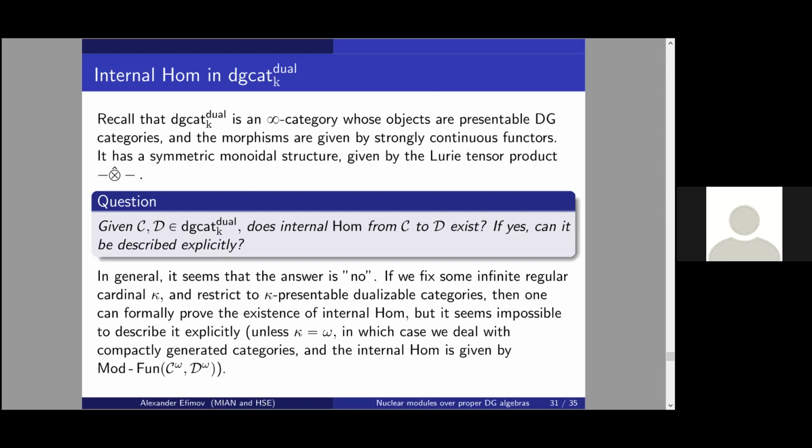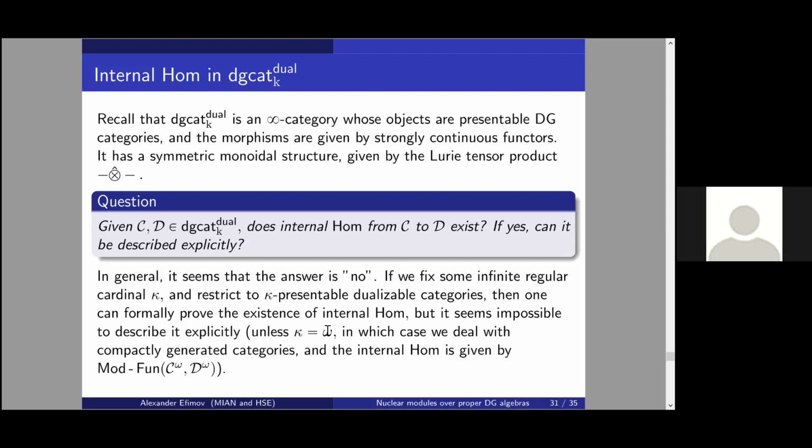Omega has two meanings here, because you have omega as an upper index meaning compact objects. No, it's the same, omega is the same as aleph 0. Aleph 0 is countable, but compact objects are not related to the notion of countable. But it's less than countable: any map factors through a sum of fewer than countably many, which means finite.